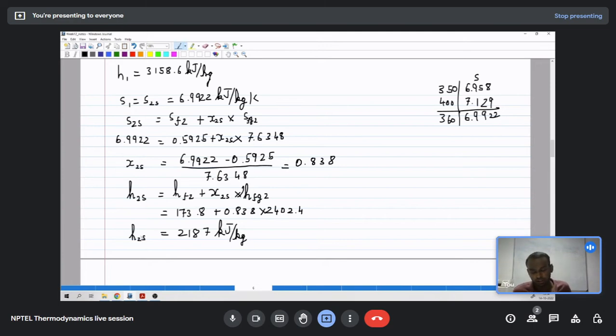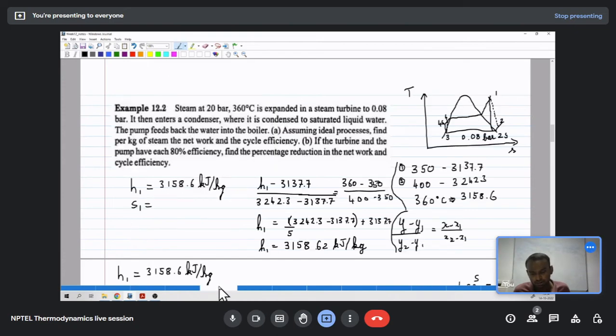Now we were given the efficiency of the turbine, which is 80%.